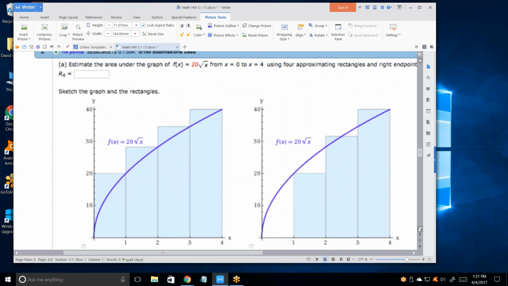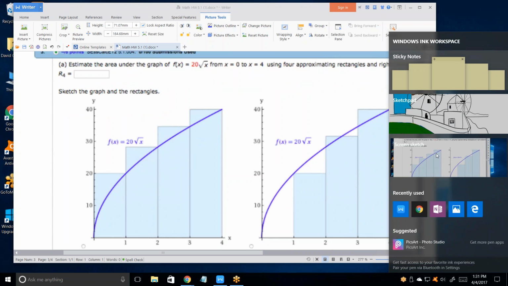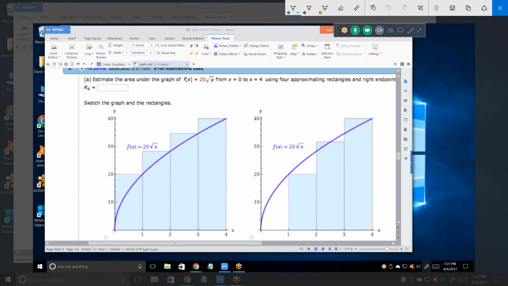Now here they give us the function. They don't just say it's some function. They actually tell us what it is. And that's going to be very useful because we're going to be able to calculate exactly. So we want the area under this curve from 0 to 4 using 4 approximating rectangles and right-hand endpoints.